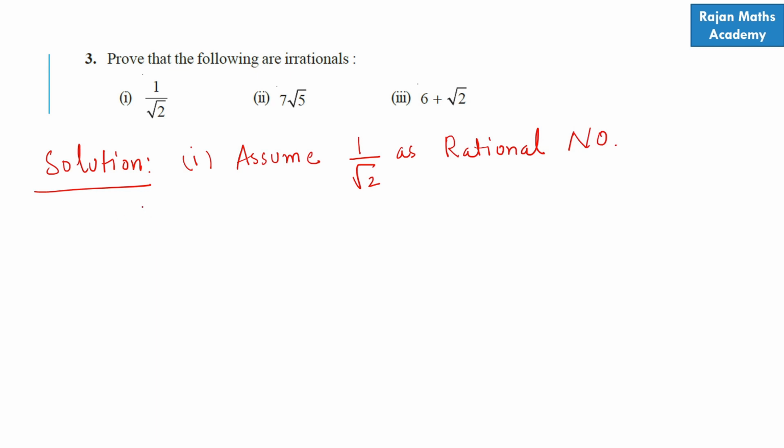So 1 by root 2 can be expressed as a by b, where a and b are co-prime.